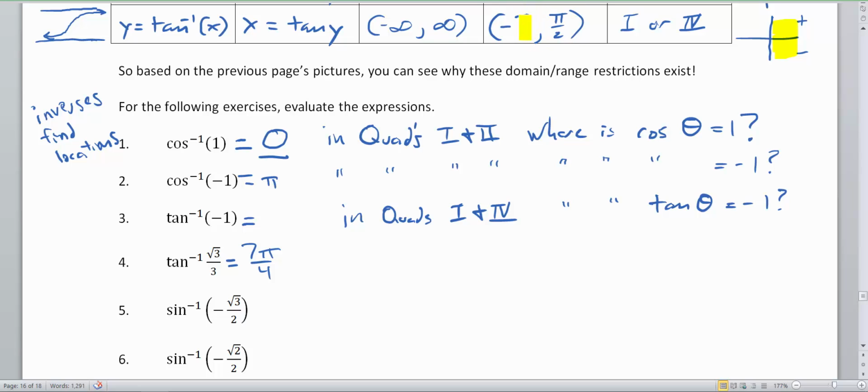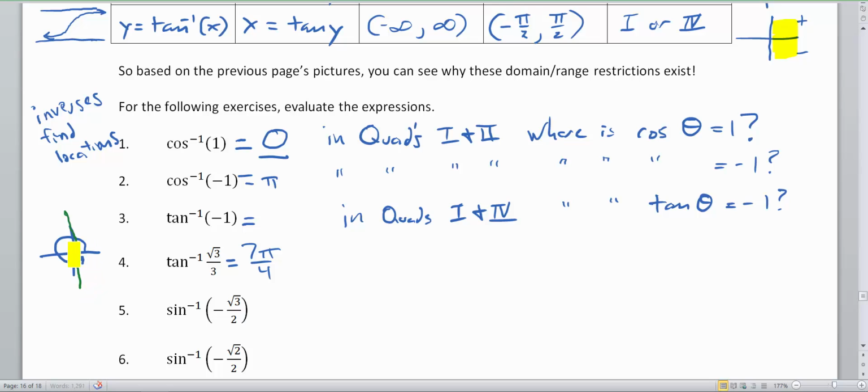Notice that the range goes from negative pi over 2 to pi over 2, and 7 pi over 4 does not. You see 7 pi over 4 goes too far because we have restrictions. We can't actually go beyond this green line.